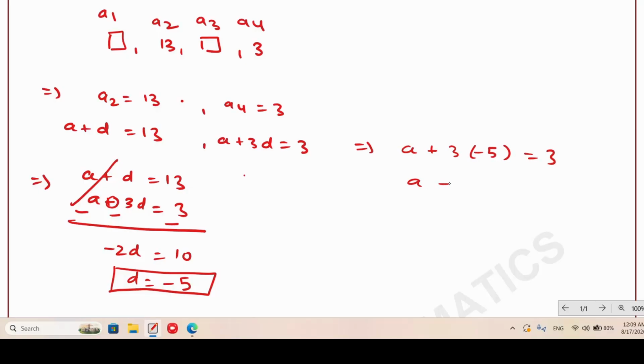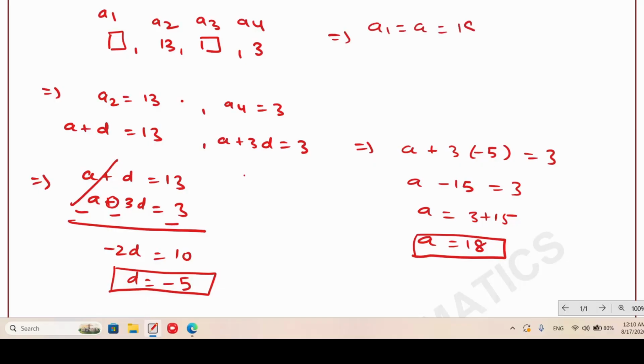So A minus 15 equals 3. So A is equal to 3 plus 15. So A is equal to 18. Now you have A. So A1 is A. So this one is 18. You will see A1 is A, which is equal to 18.